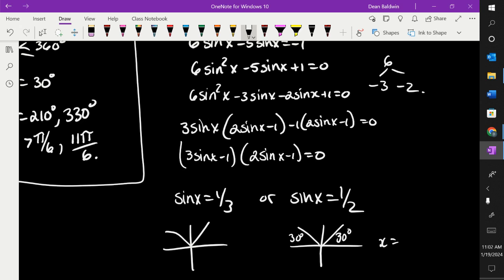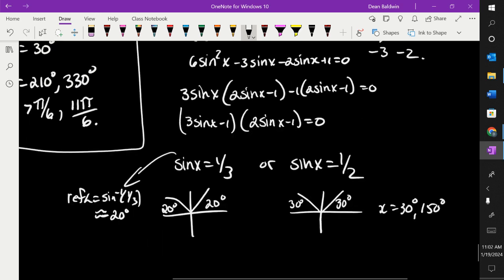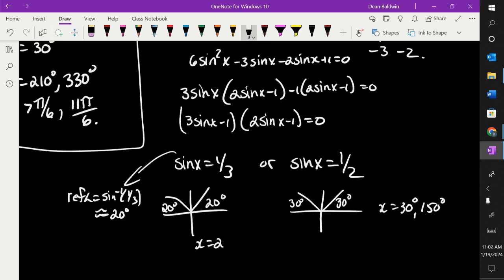So x on this side is 30 and 150. On the other side, I don't know what the reference angle of a third is. 19.47. That's gross. Let's just round it to 20. I'm rounding to 20 degrees for the simplicity. So it's 20 and 160.